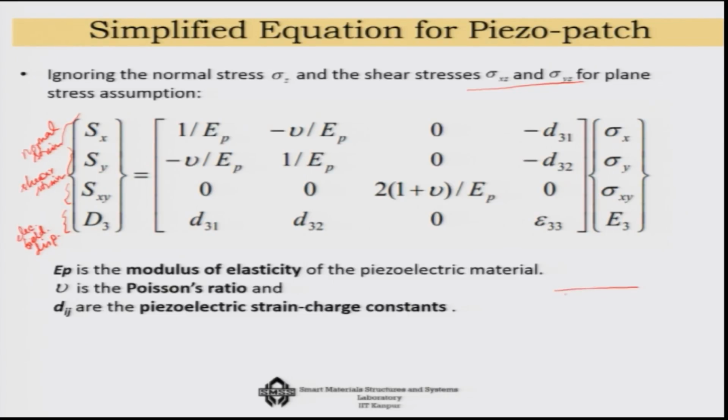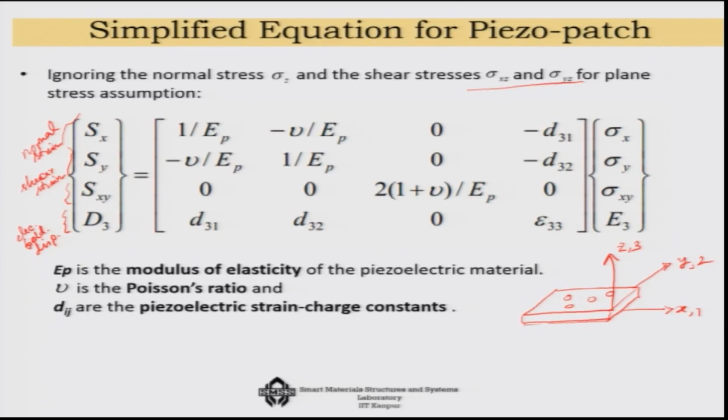So if I consider a plate-like system like this, and I denote this as the x axis, this as the y axis, x or 1, y or 2 as I told you, and this axis z as 3, then we are only considering the charge accumulations at the top or the bottom.